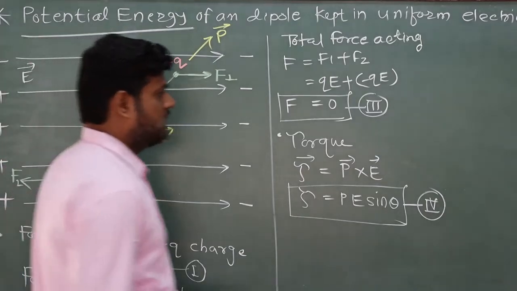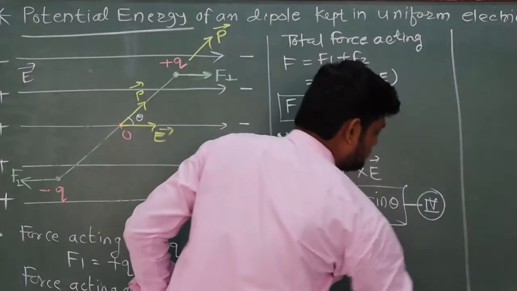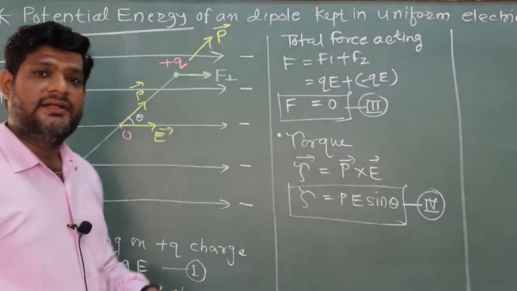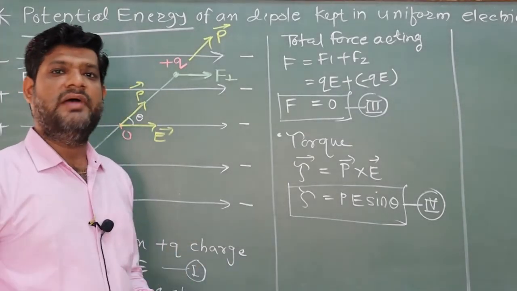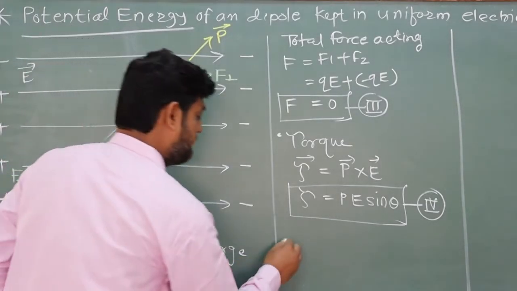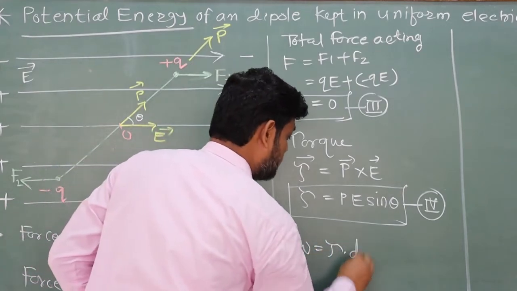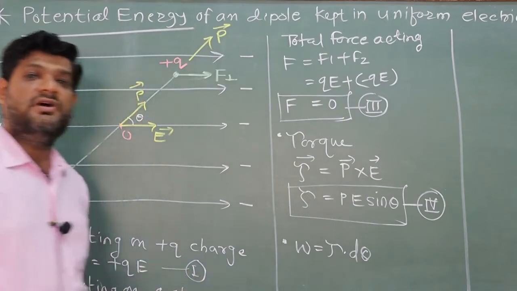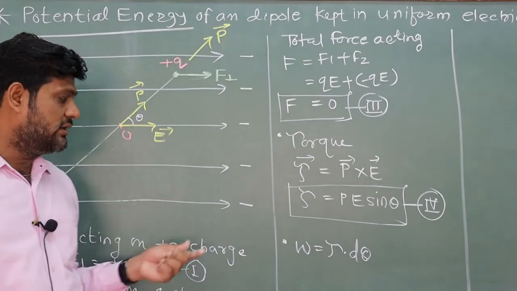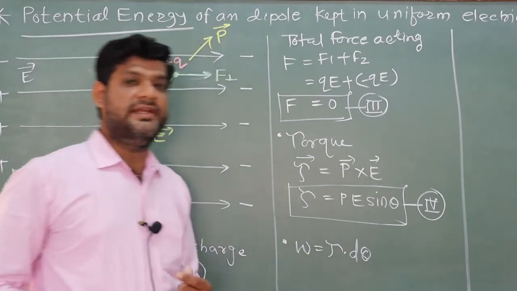We will write over here the work done to rotate a dipole through some angle. That work done will be work done equal to torque into d theta.